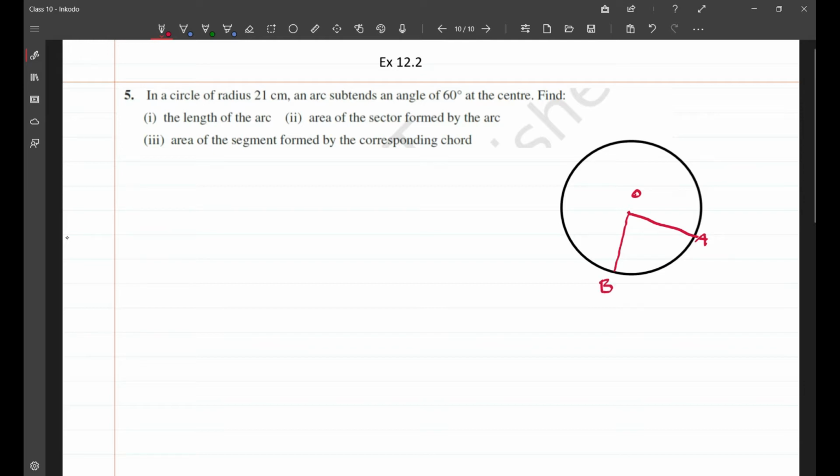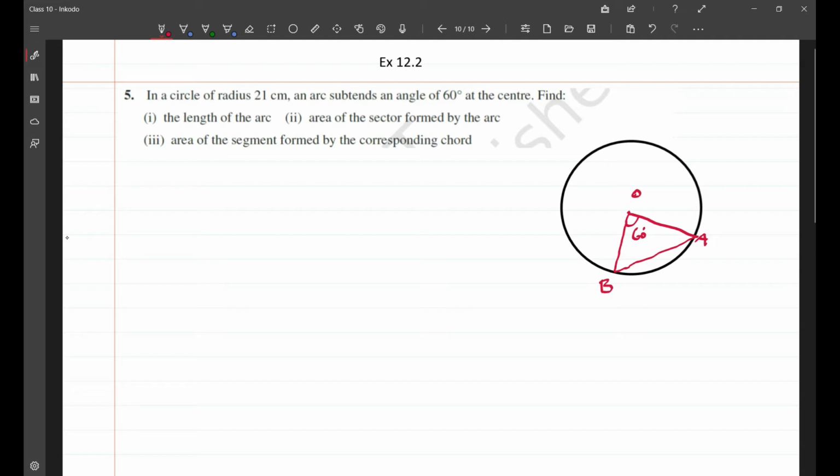OB is the radius. Between these two radius angle is 60 degree. Now A and B on the circle. If I join A to B, AB becomes chord of this circle.